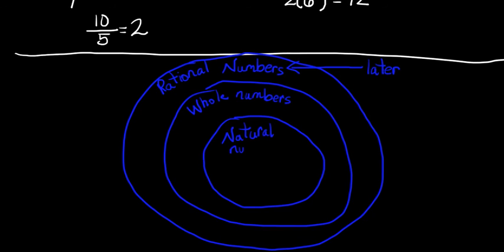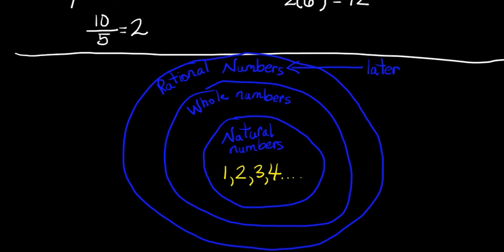Now, I probably should have used different colors here, but I didn't. So I'll change a little bit now. Natural numbers are simply numbers that you naturally use when you count. They come natural to you. So when we count, we say 1, 2, 3, 4, etc. That's the best way to think about it.